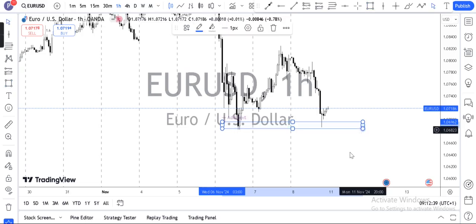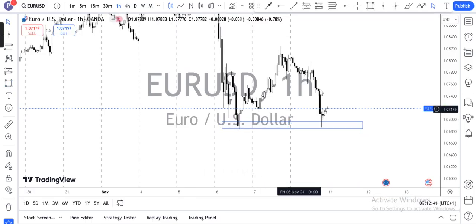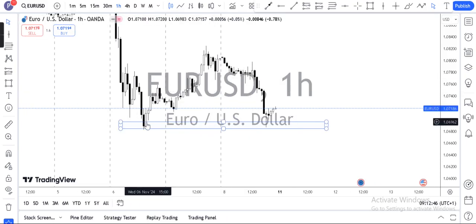Why do we call this a support? Now this is a daily support, because during the previous day, the market created a support at this point, and then after a new day, which is today, we can see the market has come to retest this support.